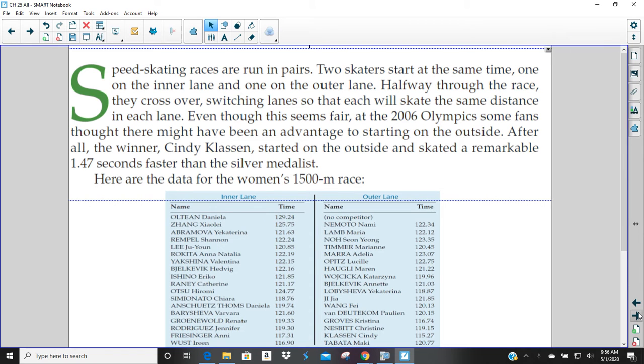So let's look at the example they use throughout the book, and you're more than welcome to read the book as well. They're talking about speed skating, where you're running pairs. I'm sure you know that they put them side by side. They're staggered because the person in the middle goes quicker. They start at the same time, one in the inner lane and one in the outer lane, and then halfway through they cross over.